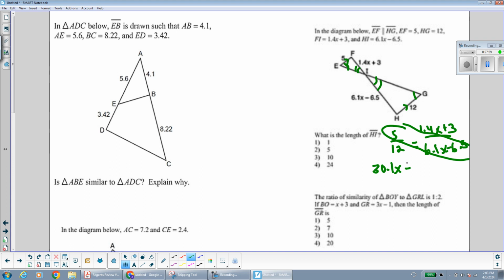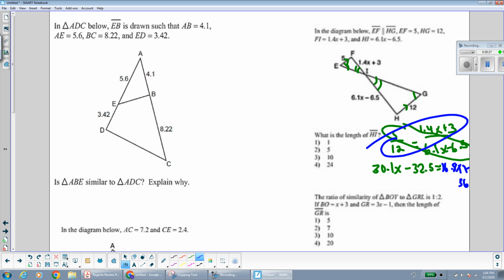Now that's going to be 5 times 6.5, and that is 32.5. Now I'm going to multiply the other way. 12 times 1.4 is 16.8x, and then I also have 12 times 3, which is plus 36.